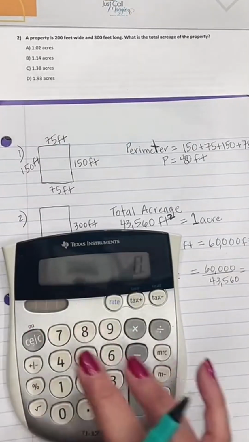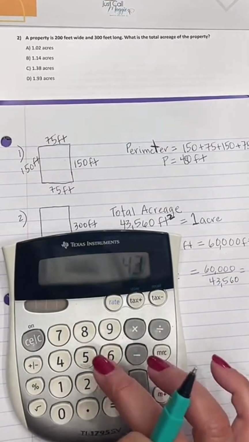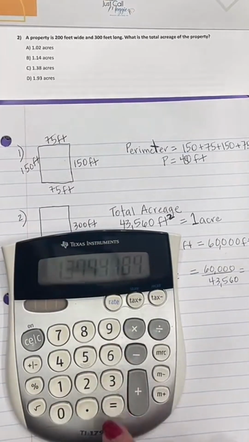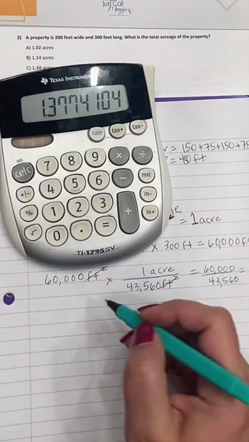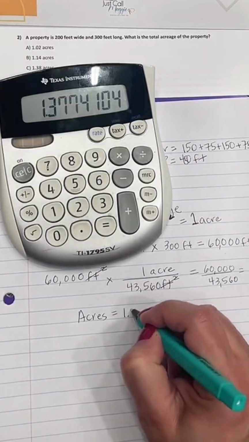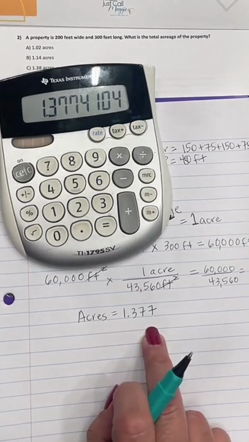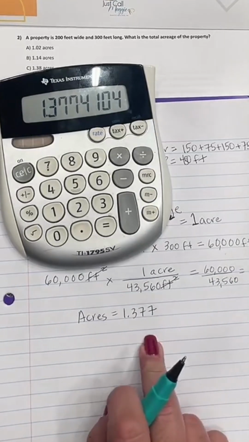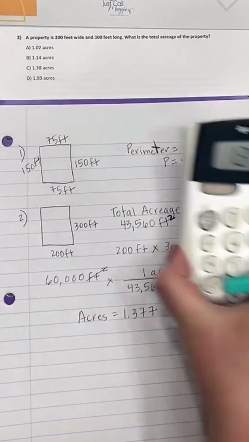So we get our calculator and divide by 43,560, and we get 1.377. I always try to take at least a couple extra numbers. That way we can round if we need to.